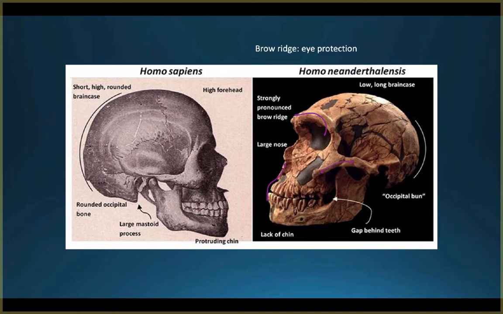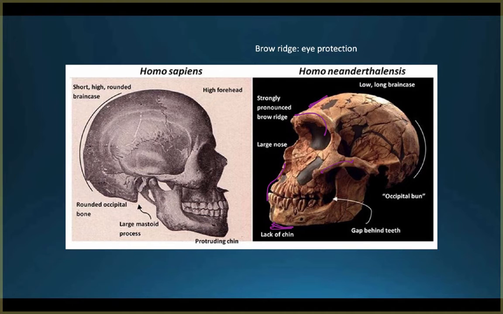This is kind of protruding, and it's not as protruding of a chin. Less of a forehead, so not as large of a brain with the capacity to think and complex thought.